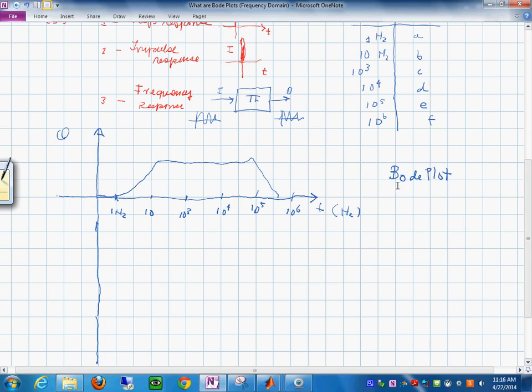But a Bode plot has two parts. It has this frequency plot, but also has a second plot using the same scale, the frequency in hertz over here.